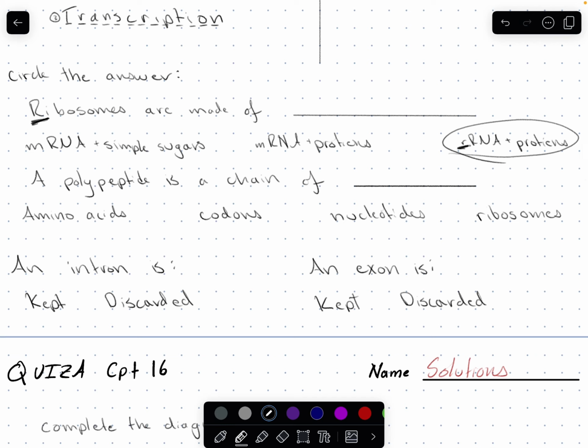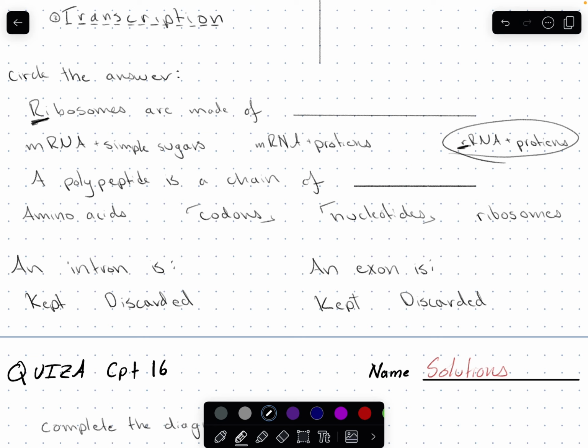A polypeptide is a chain of what? Is it a chain of amino acids, codons, nucleotides, or ribosomes? Well, we know it's not a chain of codons. If we have a bunch of those, those form our genes. We know nucleotides are not; those are our monomers.